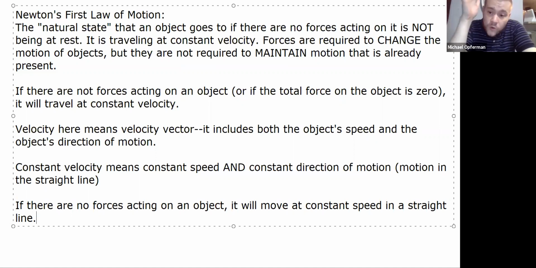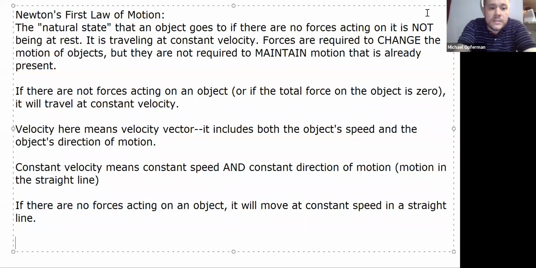You also have to have a force to change the direction of an object's motion. So in order for an object to be moving in any kind of curved path, there has to be a force acting on it that's causing the path to curve. We'll come back to all these things later and explain them in more detail. But that's the basic essence of Newton's first law.